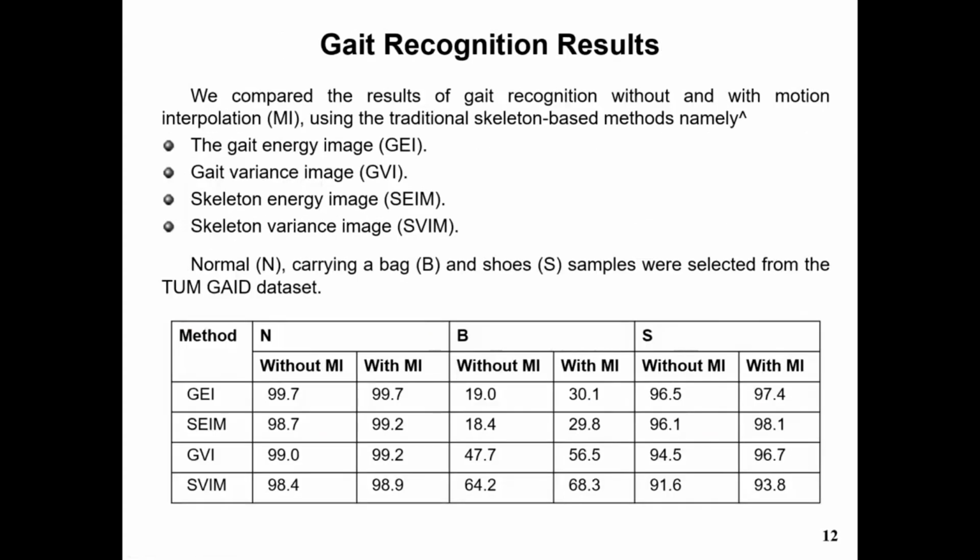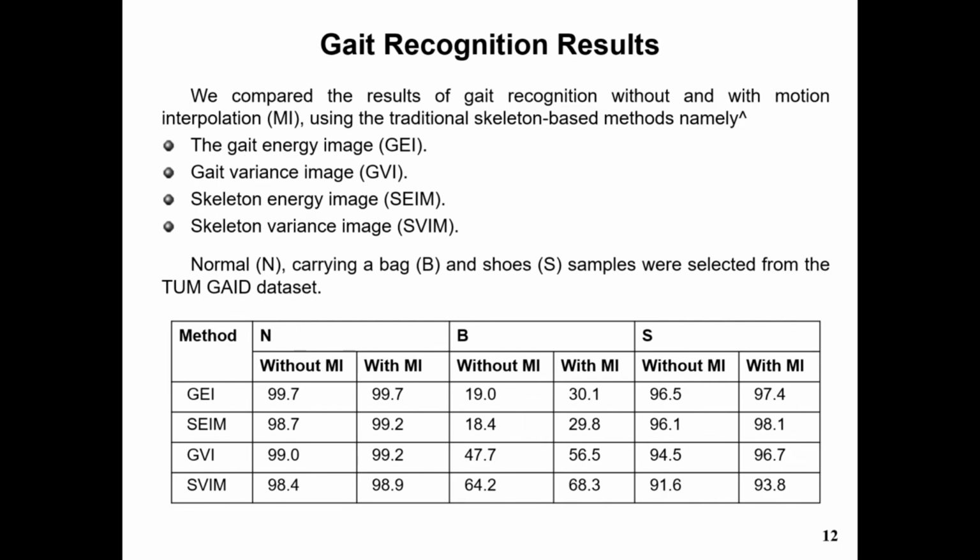We compared the results of gait recognition without and with motion interpolation, using the traditional model-based methods, namely gait energy image (GEI), gait variance image (GVI), skeleton energy image (SEI), and skeleton variance image (SVI). Normal, coat, backpack, and shoes samples were selected from the TUM Gait dataset.